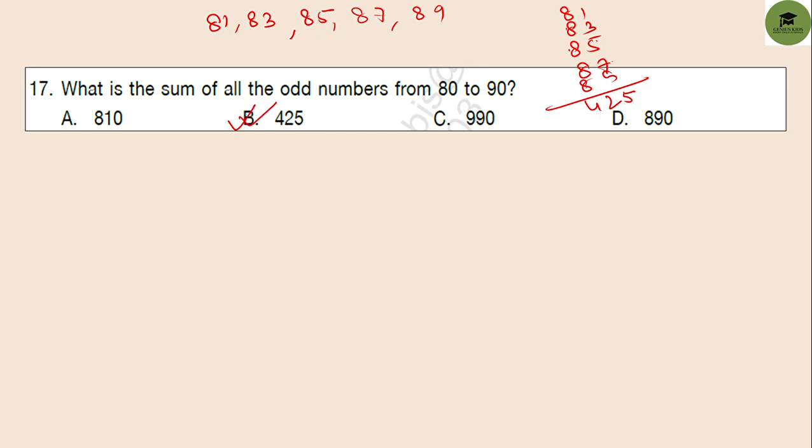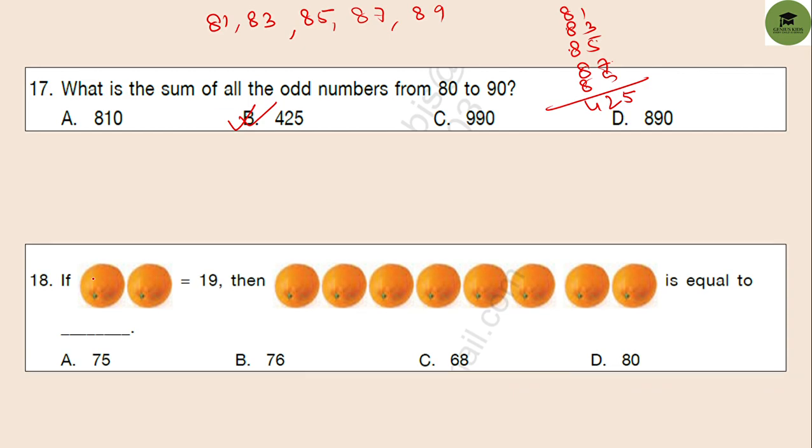Okay, understand? Next one. If 2 oranges equal 19, then how much do these oranges cost? Now if you see here, there are 1, 2, 3, 4, 5, 6, 7, 8. So 8 oranges are there. So how many pairs are there? 1 pair, 2 pair, 3 pair, 4 pair. So 1 pair costs rupees 19.